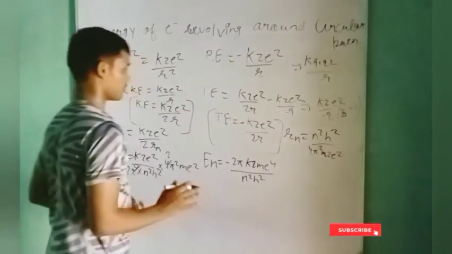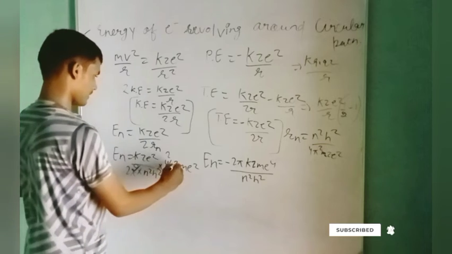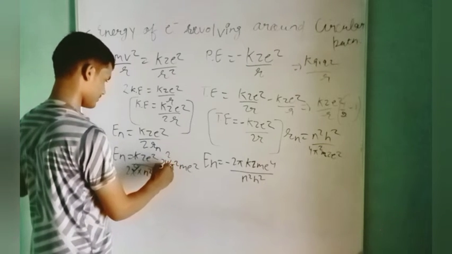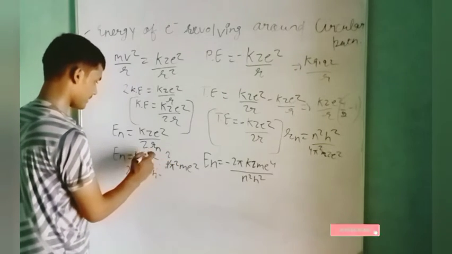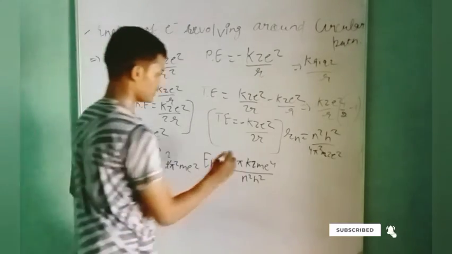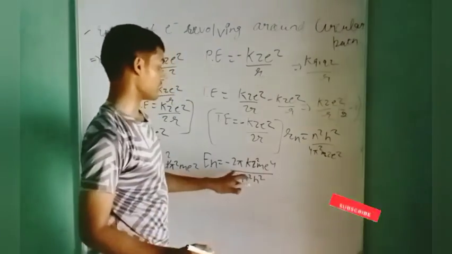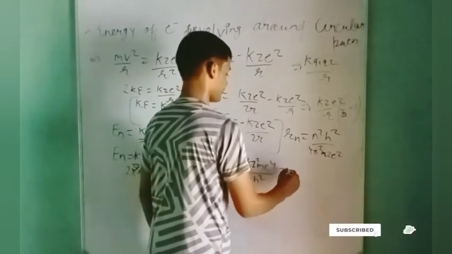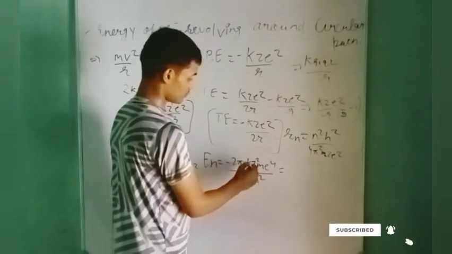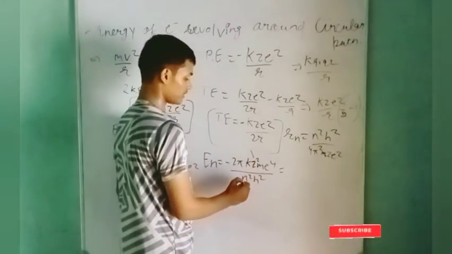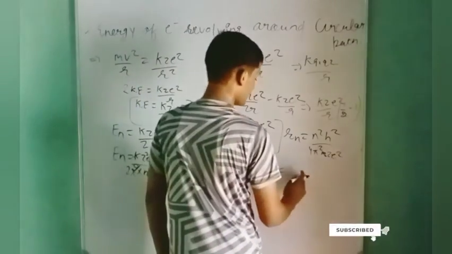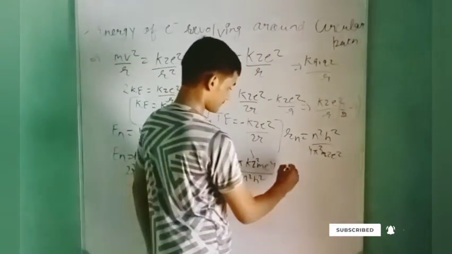So that is the formula, and here it becomes k square Z square. There are two variables, Z square and n, so we take them at the last of the solution.